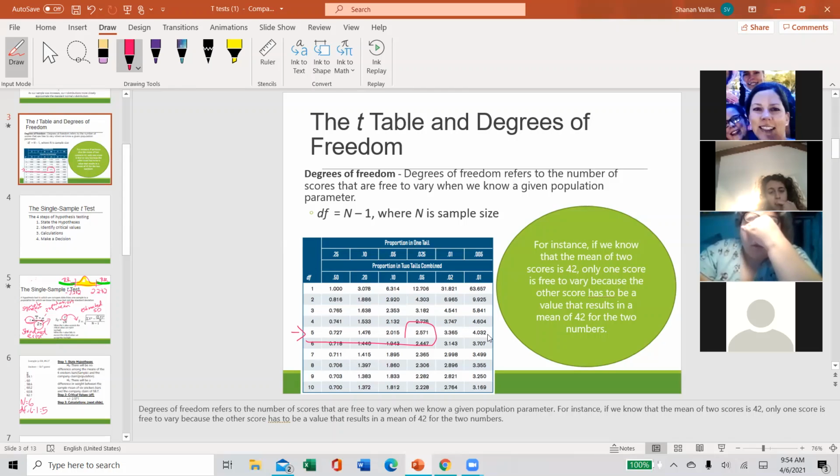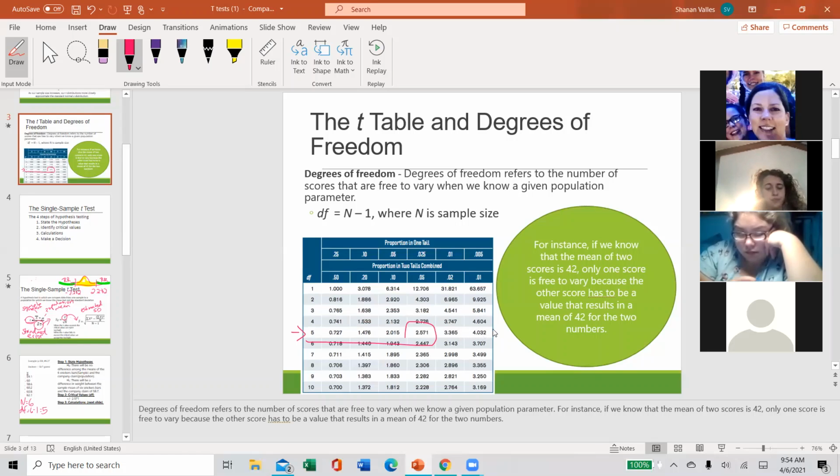If it's never stated, your automatic default is a two-tailed 0.05, unless it's specified. If I said do a two-tailed 0.01, then in step 2 our critical value would be 4.032.